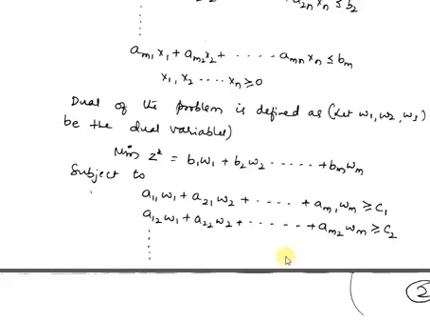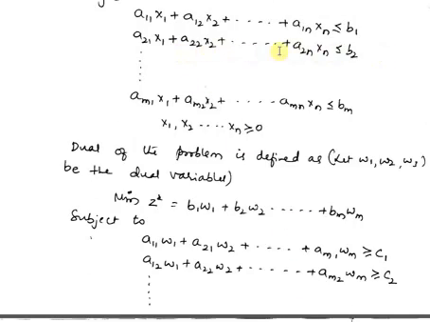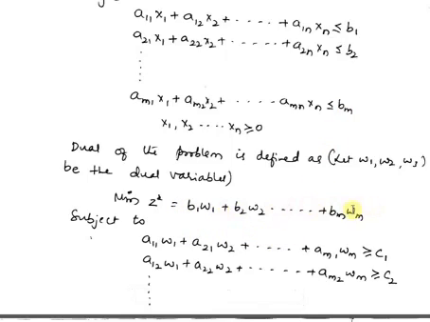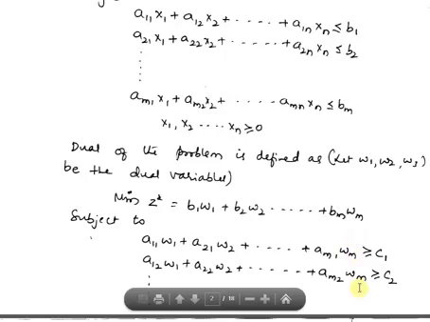So another relationship is that the primal has n variables and m constraints, whereas the dual has m variables and n constraints.